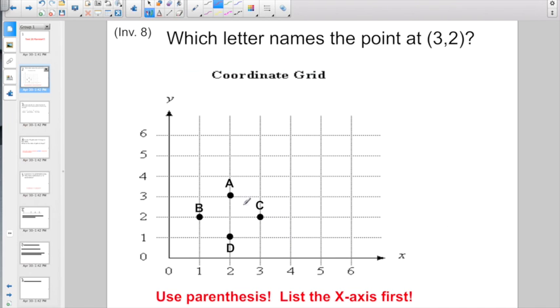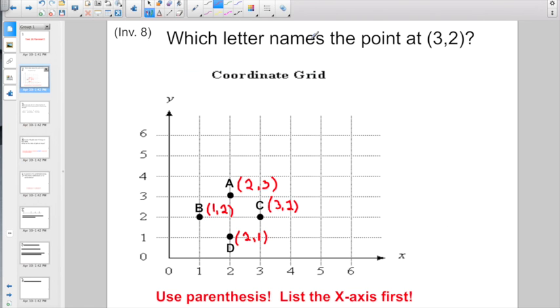So if we were going to go ahead and label all these different points, here's what it would actually look like. So using parentheses, you would see that point D is 2 along the x-axis and then up 1. So you'd label it (2, 1). Or point B here, 1 along the x-axis, then up 2 along the y, so it would be (1, 2).